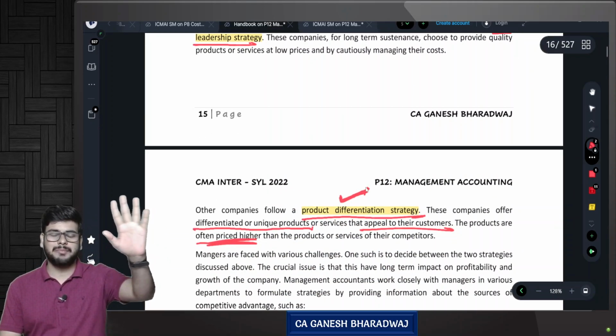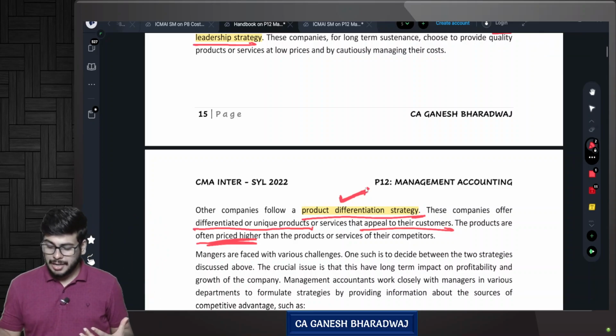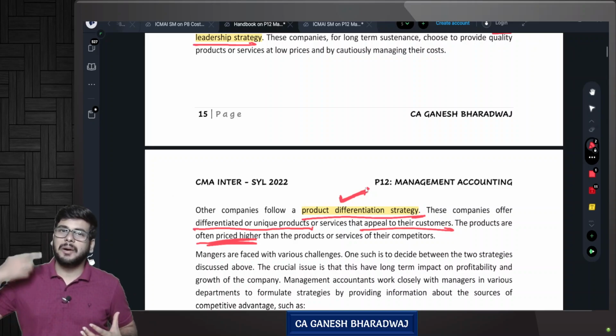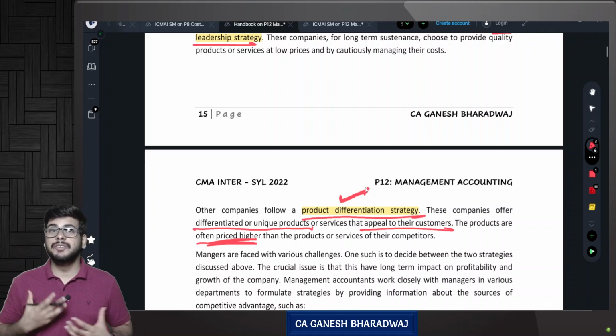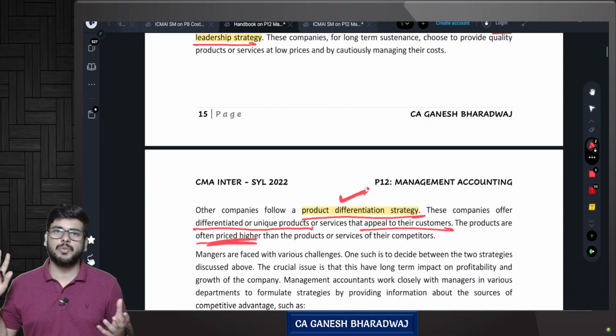Cost leadership means go for a lower price; you price your products very low, so that way you capture the market. Product differentiation means price your products high, but the focus is on coming up with different, new, creative products in the market. Clear? So these two are mutually exclusive. You should decide which one is better for you.